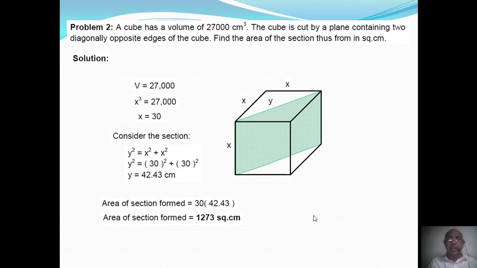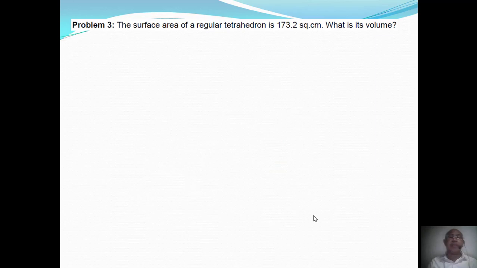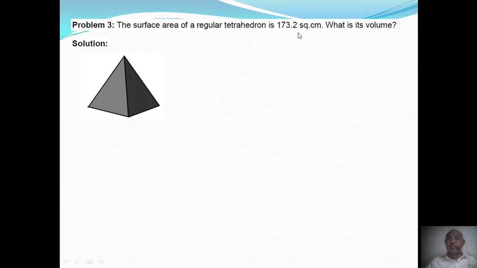Okay, and then we can have the next problem. The surface area of a regular tetrahedron is 173.2 square centimeters. What is its volume? Okay, so solution. I have here a regular tetrahedron and the surface area is 173.2 square centimeters.